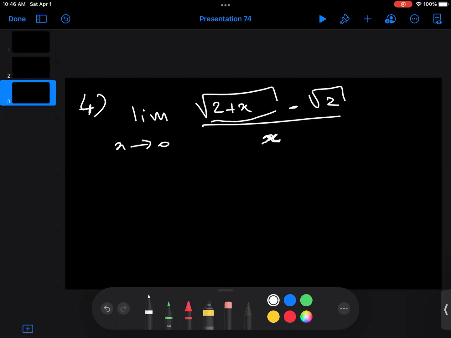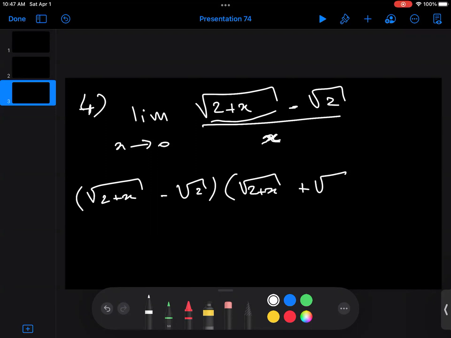Instead, I can multiply here by this quantity. You know that when you have a plus b times a minus b, this is equal to a squared minus b squared.